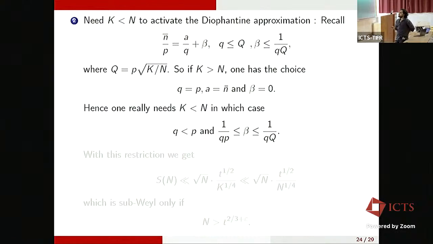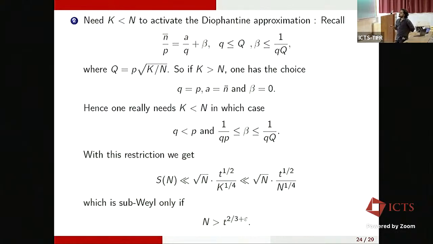So if you take this into consideration, we cannot really choose k to be very large. We have to be happy with k at most n. So you get the following bound, and here you see this is Sub-Weyl only when n is slightly bigger than 2/3. So all this really works only in this range.